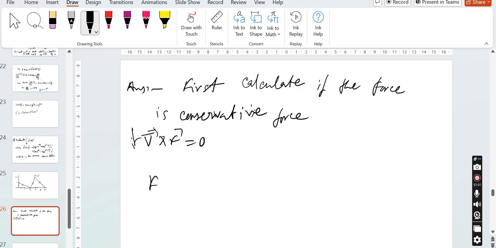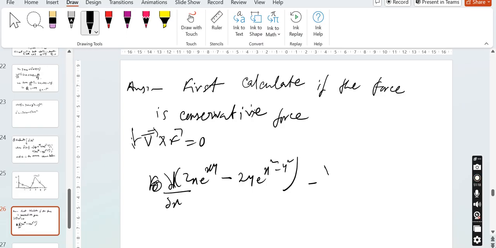So again we need to know that if this is this value basically.